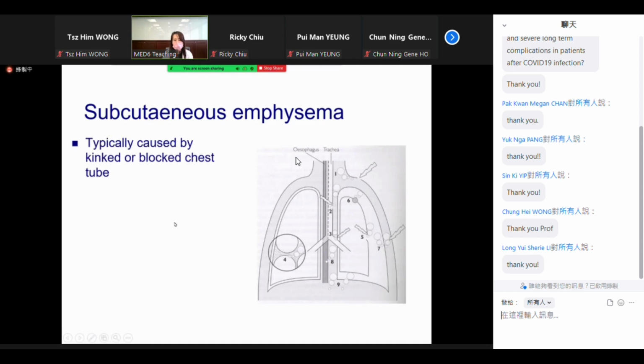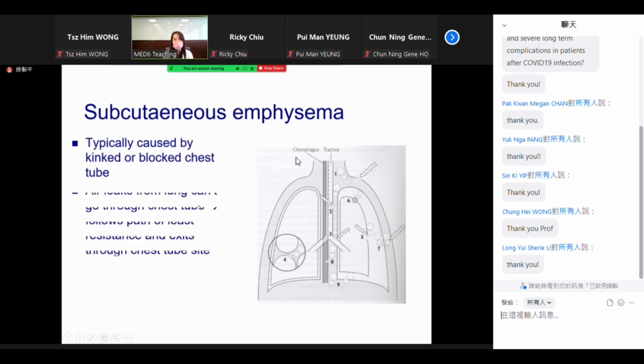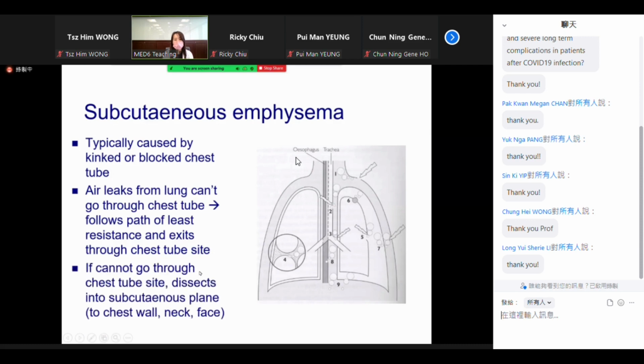So if we have inserted the chest drain already, but the drain is blocked or kinked, then the drainage is not efficient, and the air leak will go through the path of least resistance. That means the subcutaneous pathway. So it will cause the air inside the subcutaneous tissue to go up to the neck or even the face.